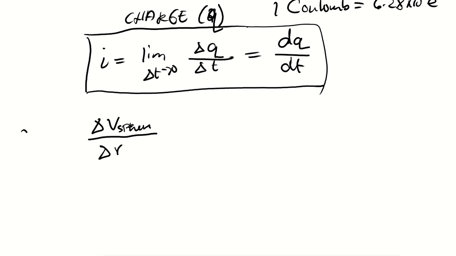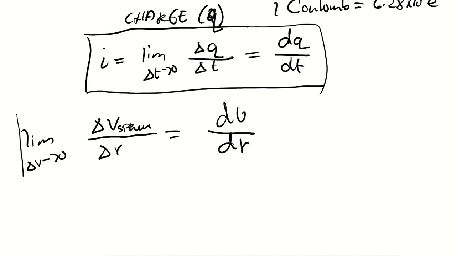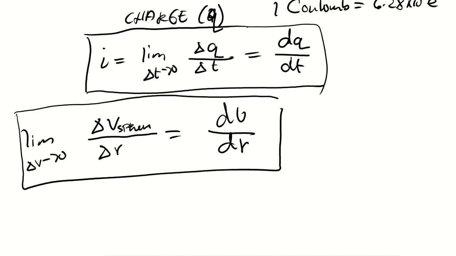We make the limit as delta r approaches 0. This is just dV/dr. Or the change in the surface area as the radius is changing, and so on. Those are examples of rate of change. We will discuss them more in the application part.